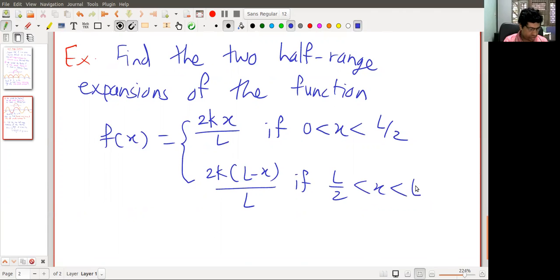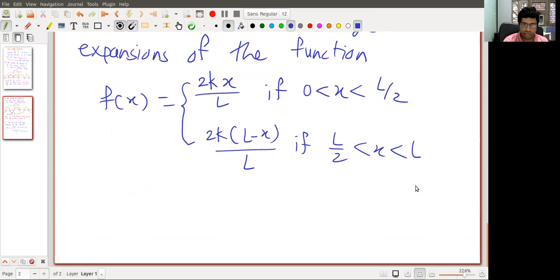Okay, so this is a triangle. If we sketch this, it will look like this: 0 to L, with 0, L by 2, L. Here when x is 0 it is 0, when x is L by 2 it is k, and it is a straight line. Some constant into x.